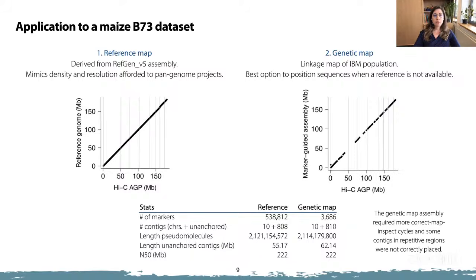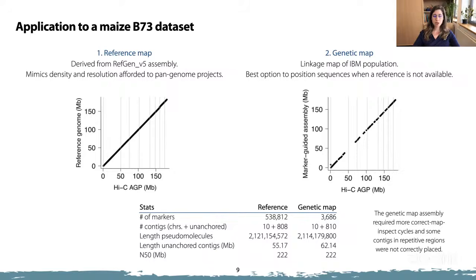In this case, for maize, we used the reference assembly version 5, and the density of the markers is much higher, like we can see in the left-hand plot. But one can also use a genetic map. In this case, we use a linkage map of this IBM population. And yes, the density is a bit lower, but it's still possible to assemble a good quality genome with this kind of data.